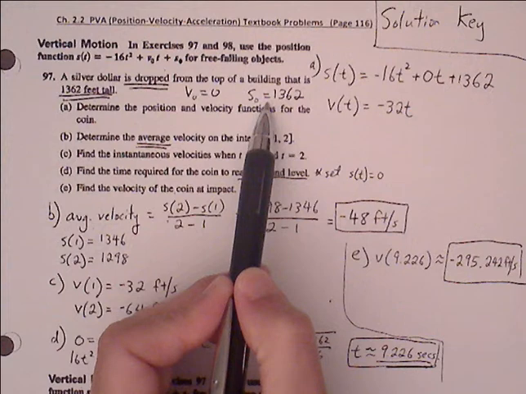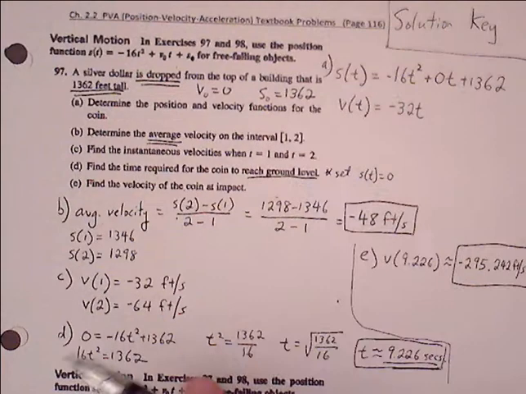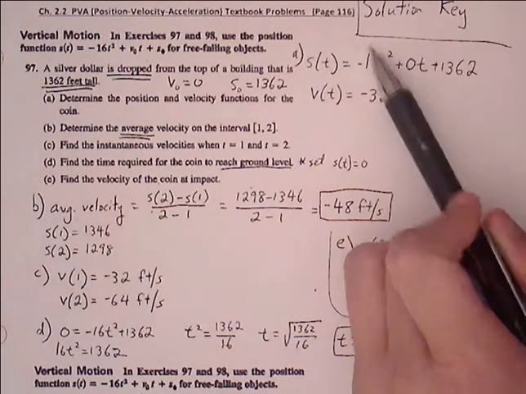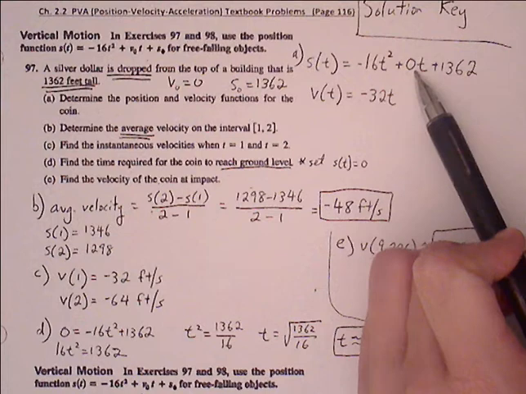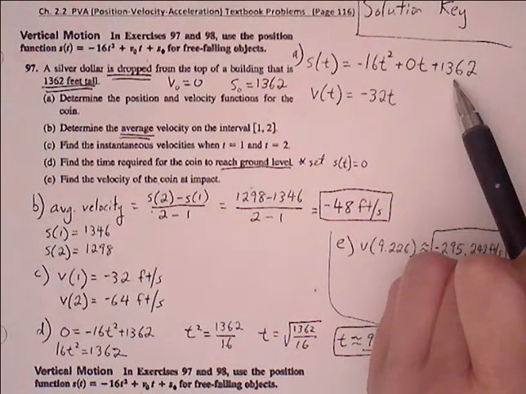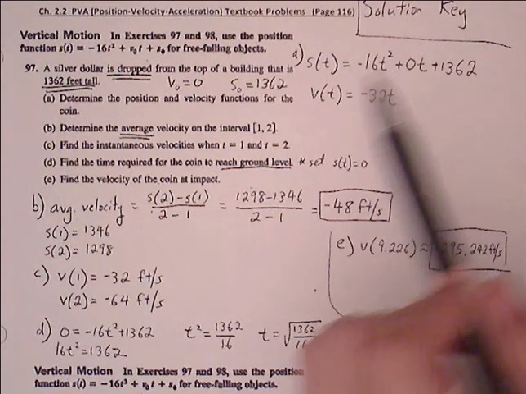We can make those substitutions and create our specific position function. S of t is equal to negative 16t squared, v sub 0 is 0, and initial height is 1362. So here's our position function.